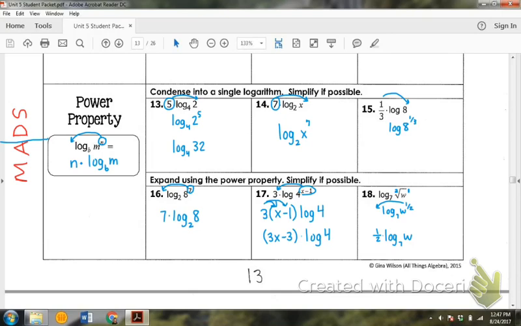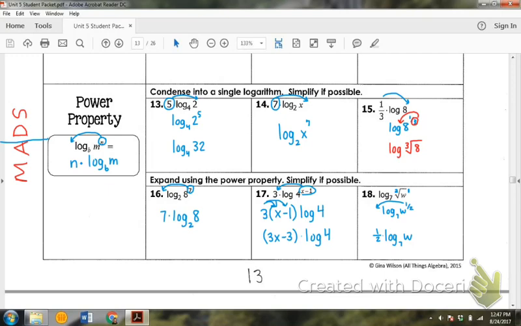Think about it going the opposite way. Leanna, what would you do? I don't know if it's right, but would you make the 3, the 1/3, 3 to the negative? No, not when it's an exponent, but remember that we can make the denominator come out and be the what? The root, right? So I could have log base 10 of the cube root of 8.